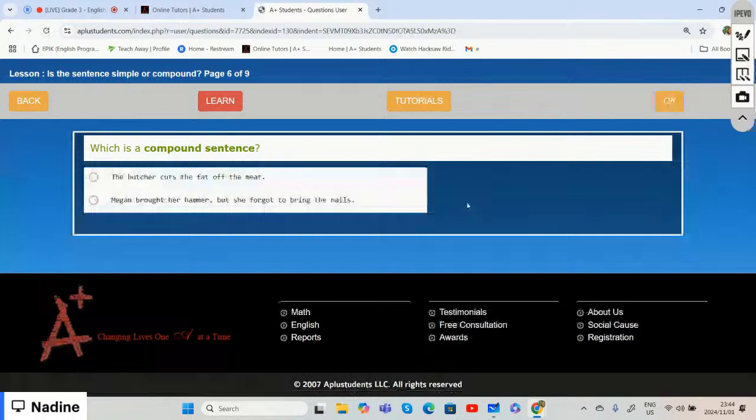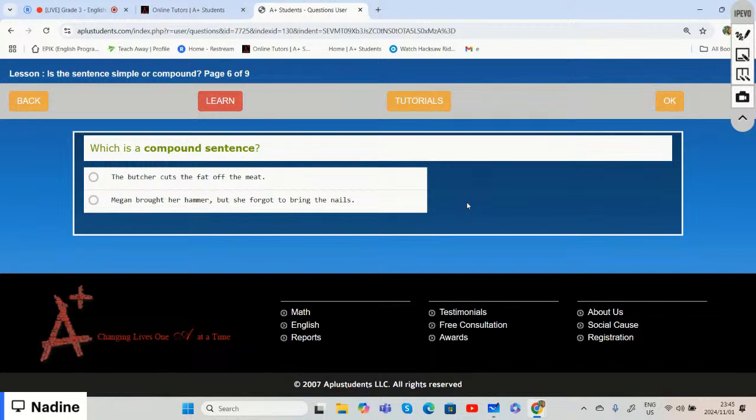All right, let's go to the last one. This is the last one. It says, which is a compound sentence? We need to say which is a compound sentence. It says, option one, the butcher cuts the fat off the meat.